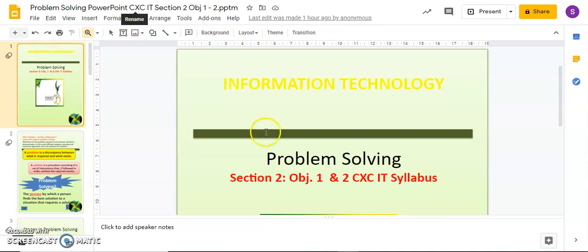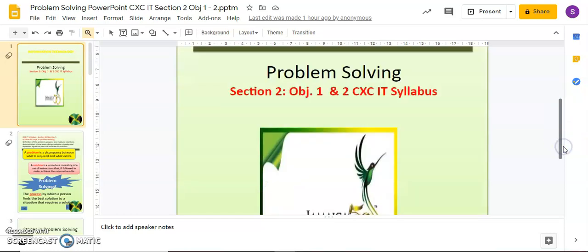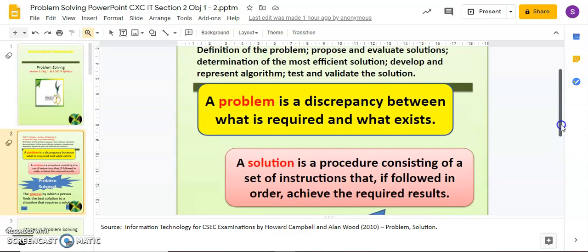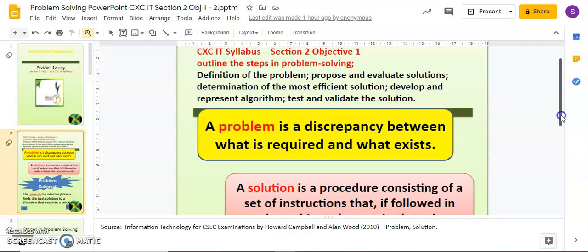Today we will be focusing on problem solving, and this is in section 2 of the objectives in your CXC IT syllabus. Now we need to know what our objectives are for today.